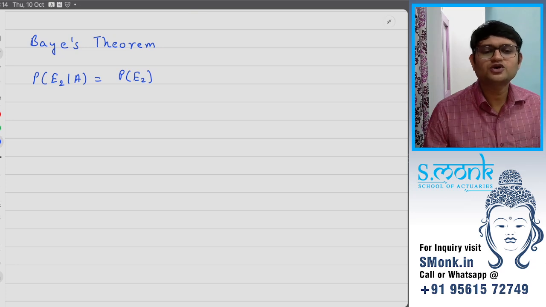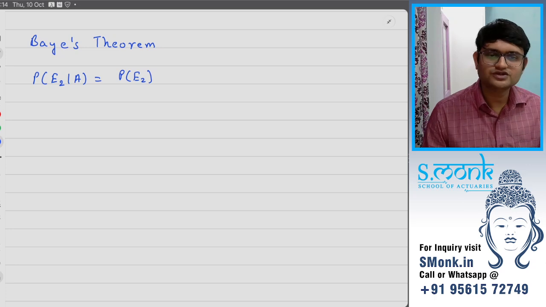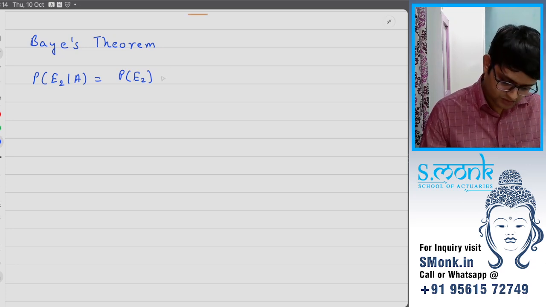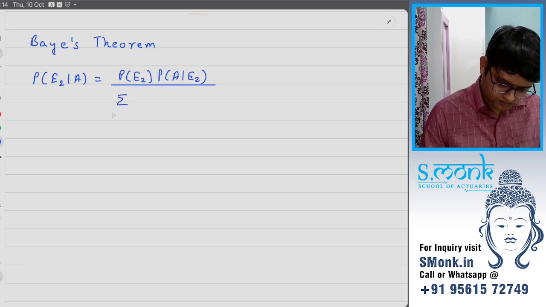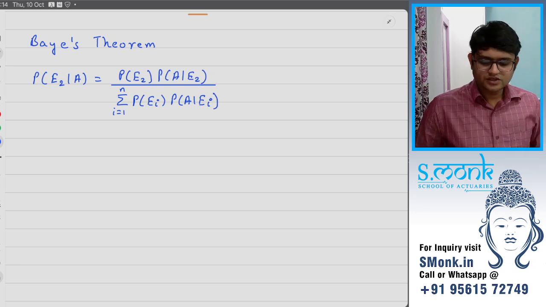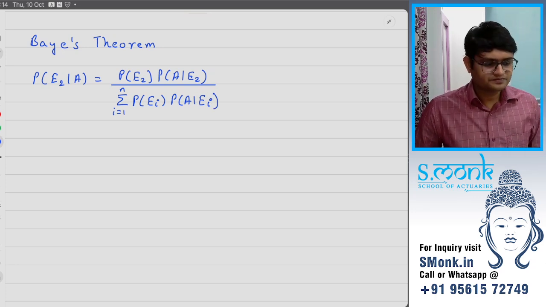I've written E2 because Ei and E1 might look similar, so I've just written E2. There's no reason for it to be 2. This is the formula for Bayes theorem.